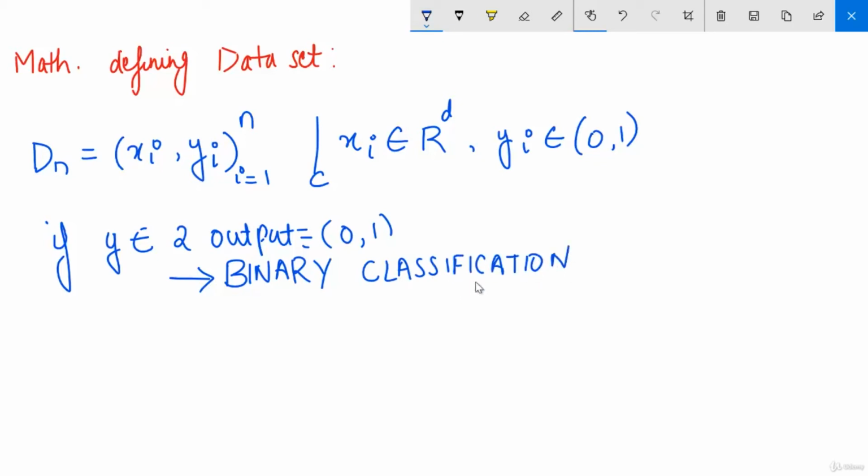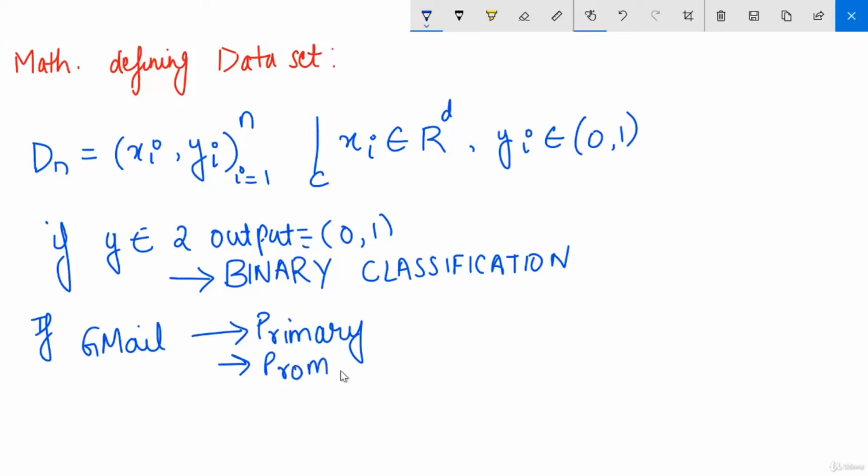Okay, and so if we are getting two outputs, it is known as binary classification. But if you see the example of Gmail nowadays, Gmail has a primary inbox, it has a promotional inbox, then a social inbox, and there is spam.